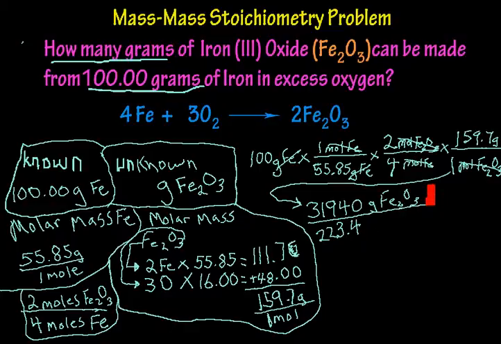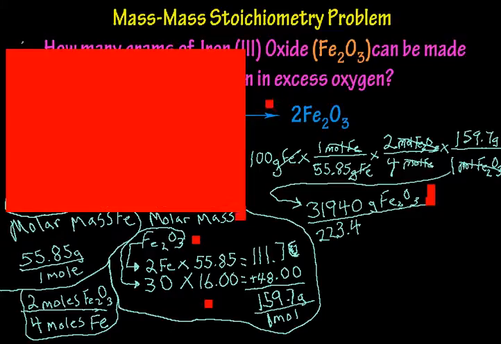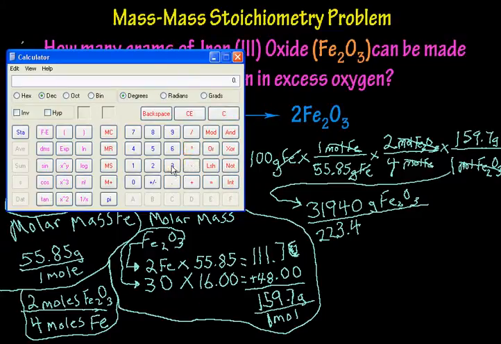Last step, and we are done with the calculation. Just doing the arithmetic takes quite a while. 31940 divided by 223.4. Wow, 142.9722.